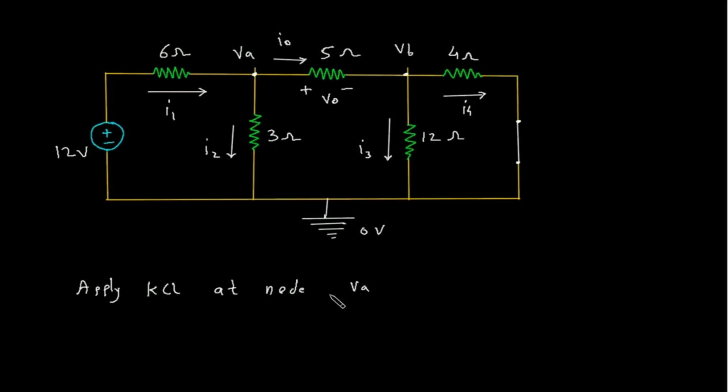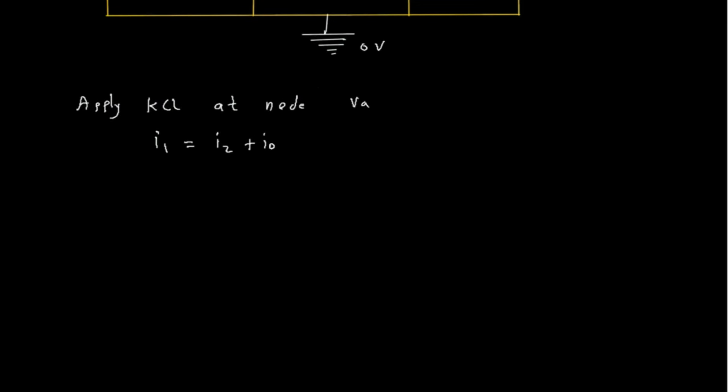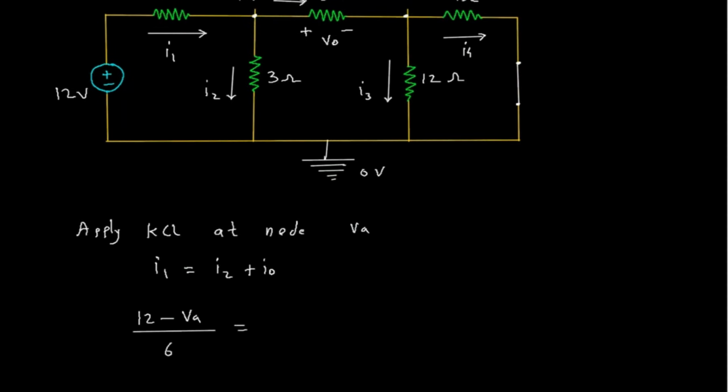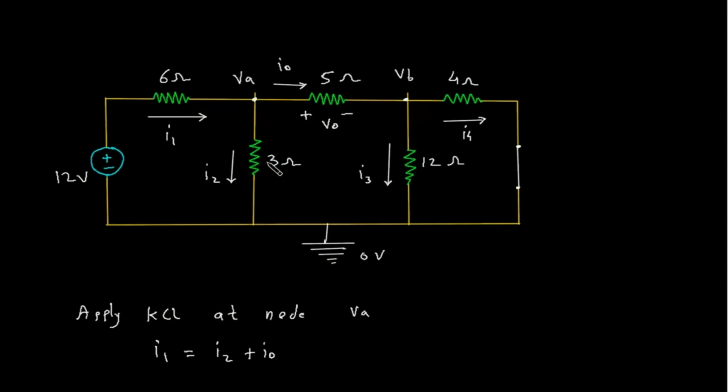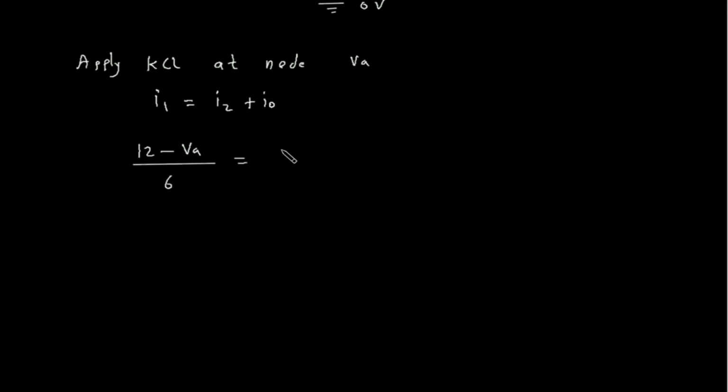So apply KCL at node VA. Summation of all the entering current: entering current at this node is I1. Summation of leaving current: leaving current is I2 plus Io. Now I1 is equal to 12 minus VA by 6, which is equal to I2, VA minus 0 by 3, plus Io.